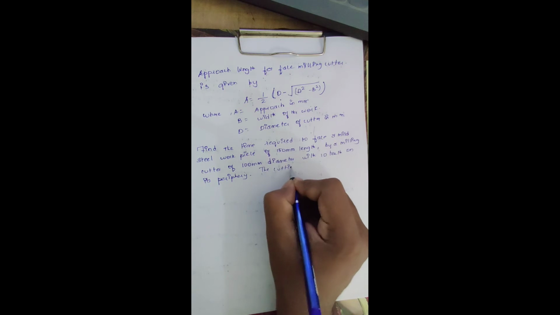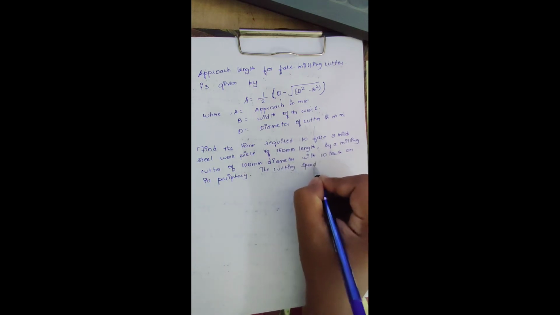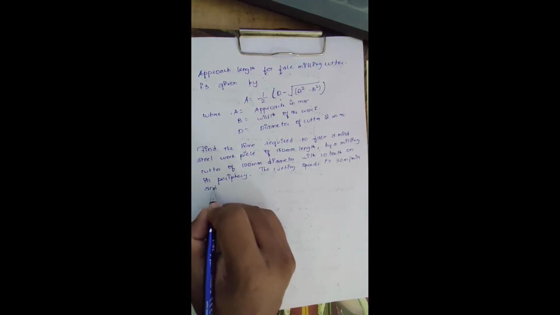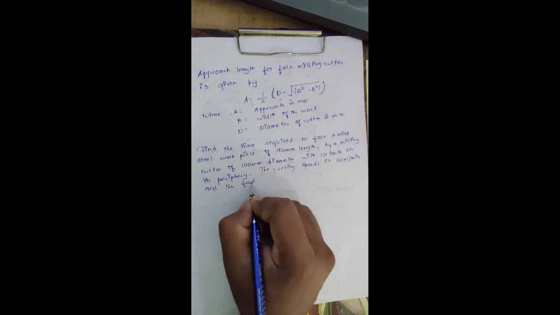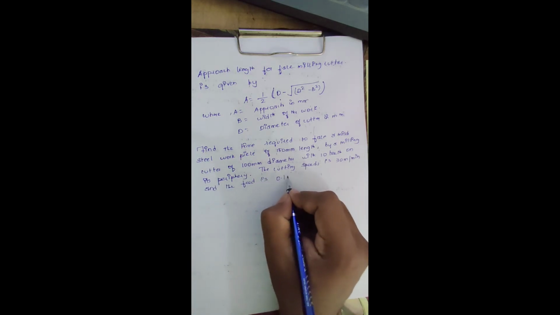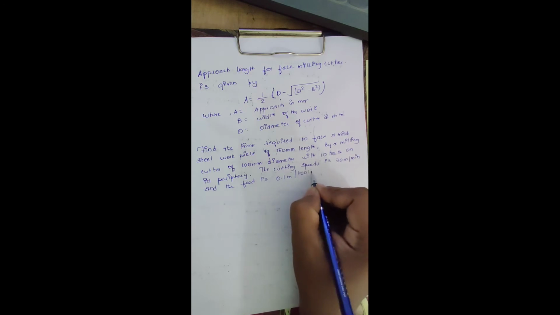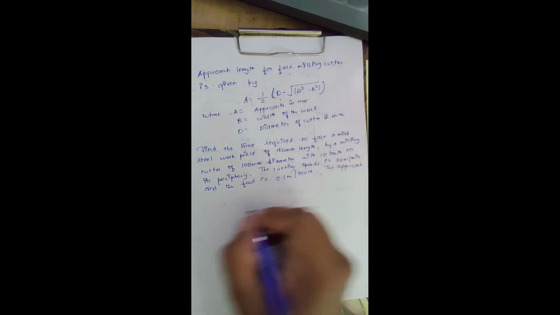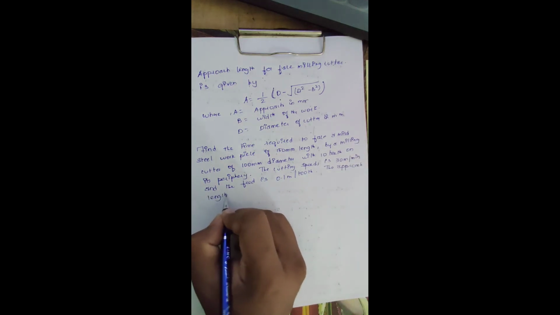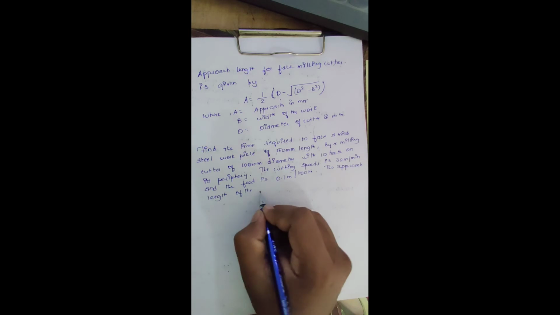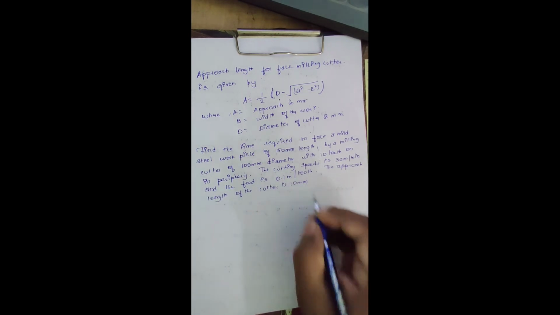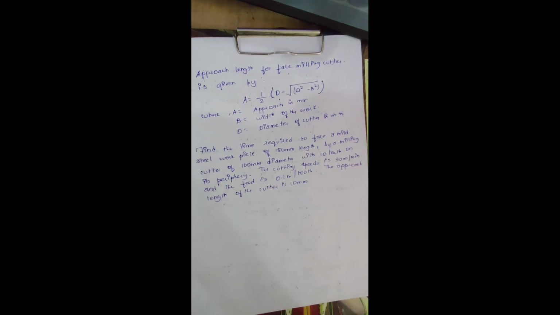The cutting speed is 30 m per minute and the feed is 0.1 mm per tooth. The approach length of the cutter is 10 mm.